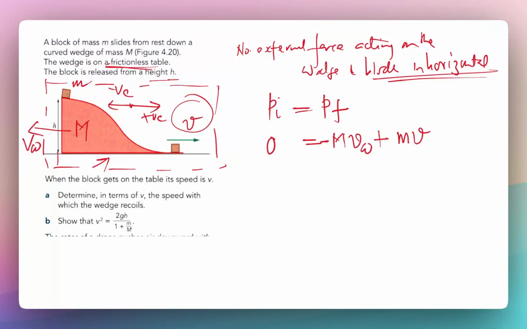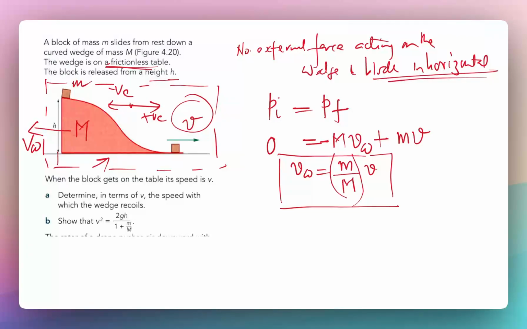That is our final momentum, and it is equal to 0, which means the velocity of the wedge is going to be equal to small m divided by capital M into v. Pretty easily we got the magnitude of the velocity of the wedge, m by M into v, and that is towards the left.